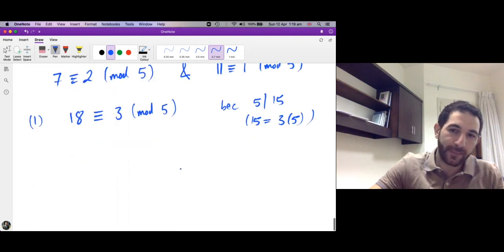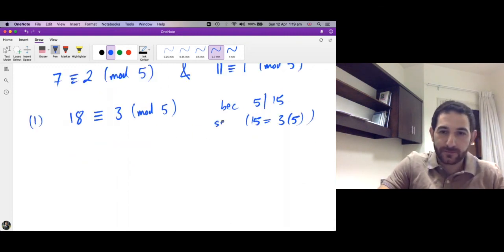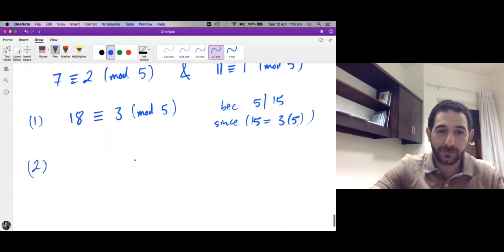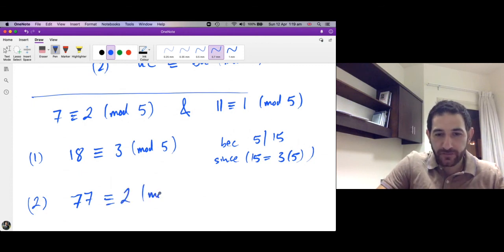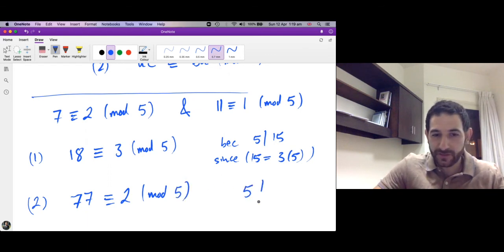Okay? Now let's multiply the sides. 7 times 11 is 77, and 2 times 1 is 2. So can you check if 77 is congruent to 2 mod 5? The answer is yes, because 5 divides the difference, which is 75.